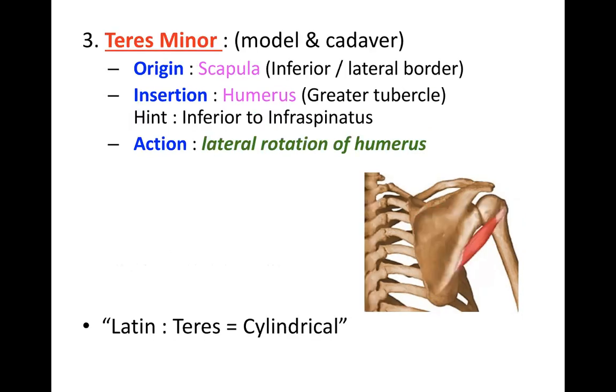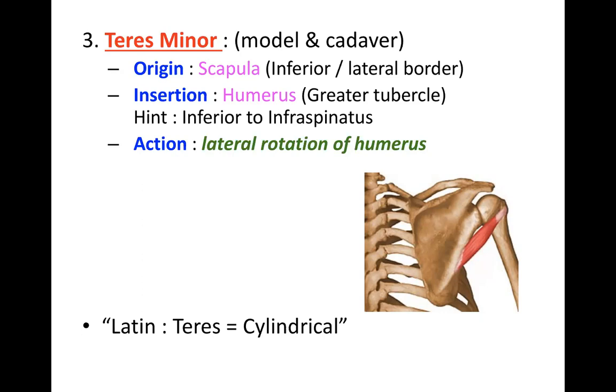Okay, our next muscle is teres minor. Teres minor is a smaller of 2 sort of cylindrical muscles on the back of the scapula. Teres minor is going to be originating off sort of that inferior lateral border of the scapula and inserting onto that greater tubercle. Again, when we look at rotator cuff muscles, we're going to find that they all have the same insertion point, which is going to be on the tubercles of the humerus.